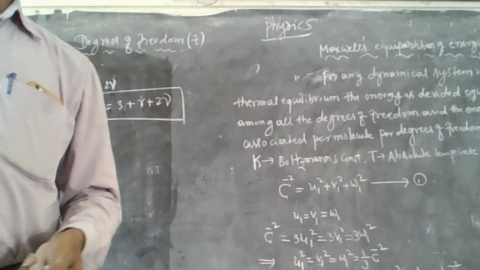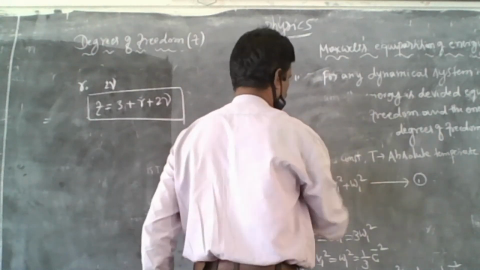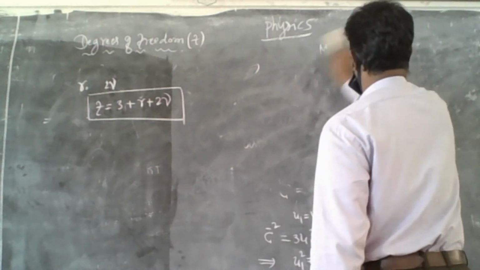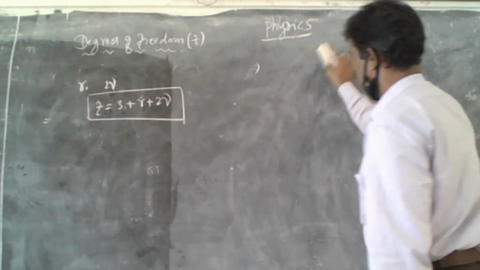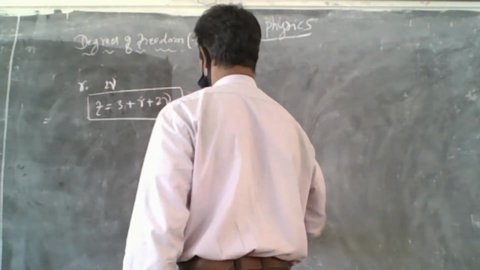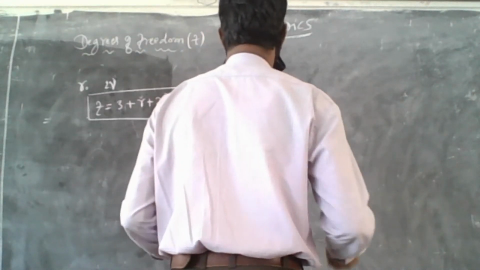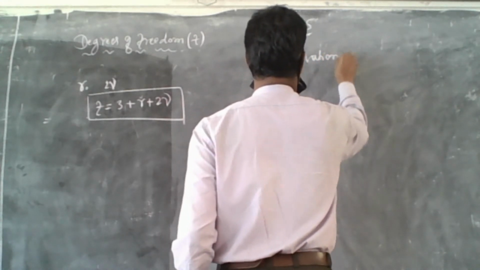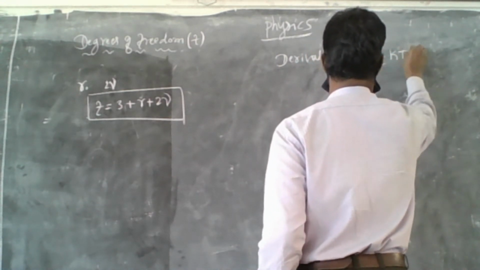Now we are going to derive U is equal to 3/2 kT.